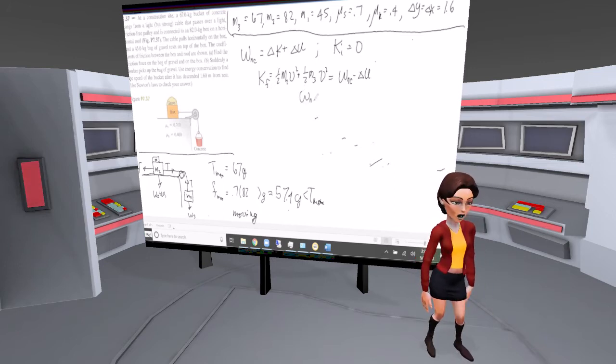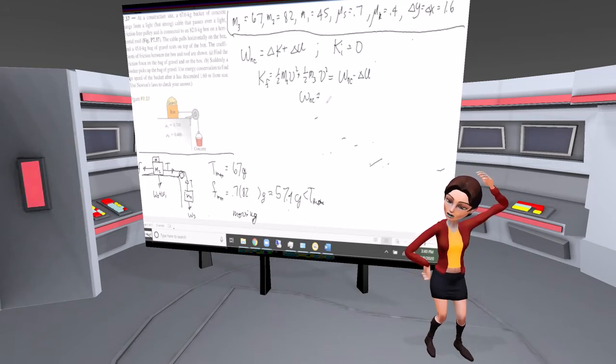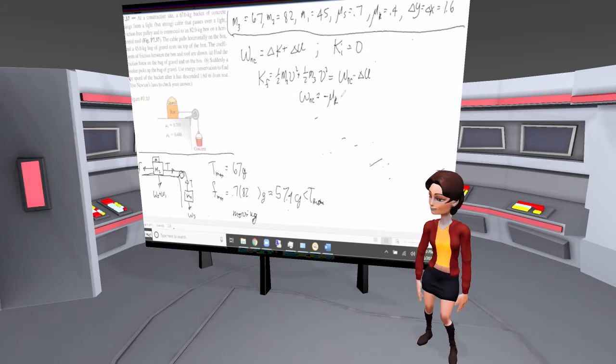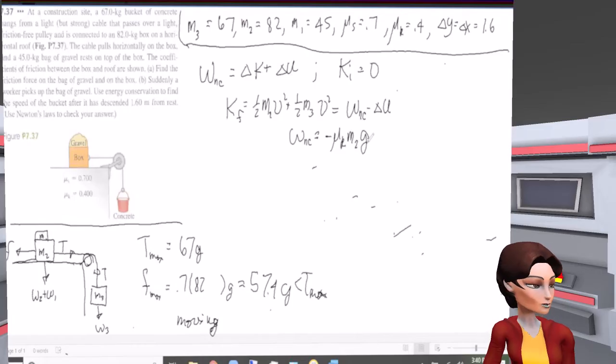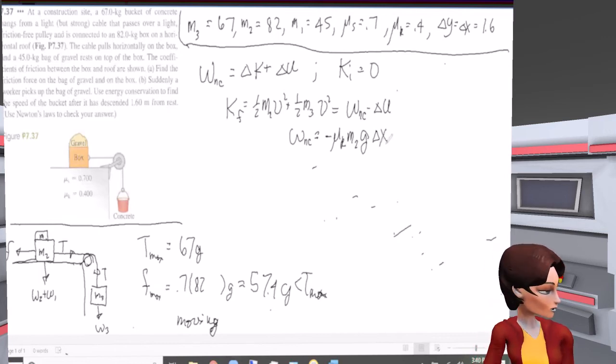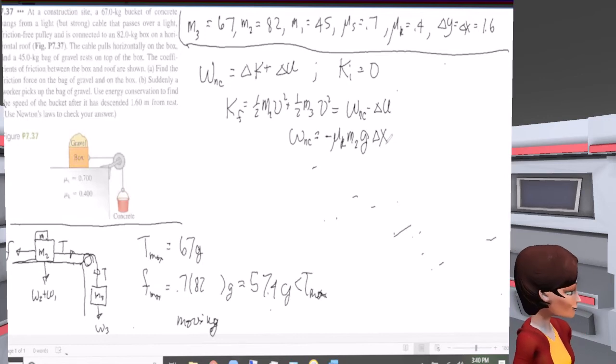The work done by friction is mu sub K M2 g. That is the force of friction. And this dx is the distance over which the friction acts, and it acts in the direction opposite to displacement.